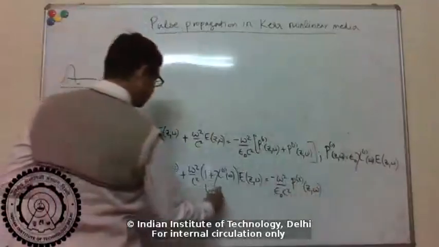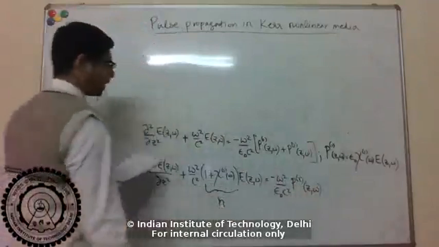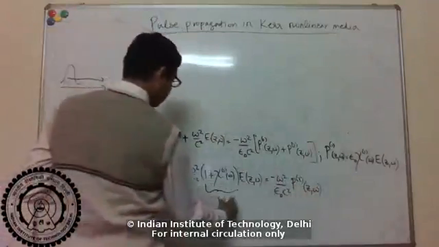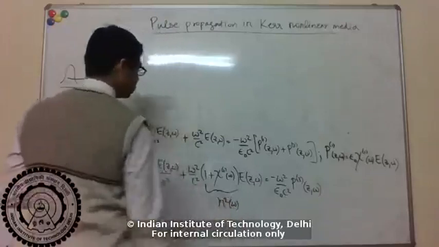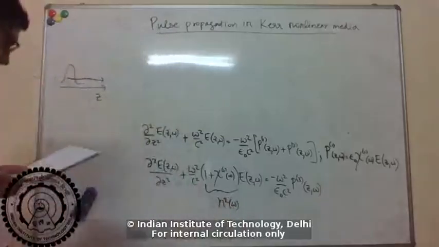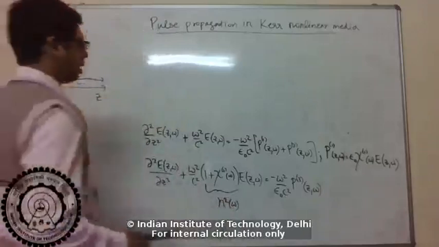Right, so this 1 plus chi we know is the dielectric constant epsilon, which is the square of the refractive index.